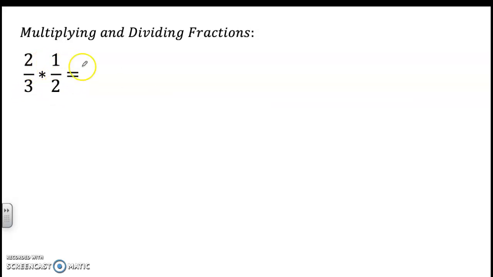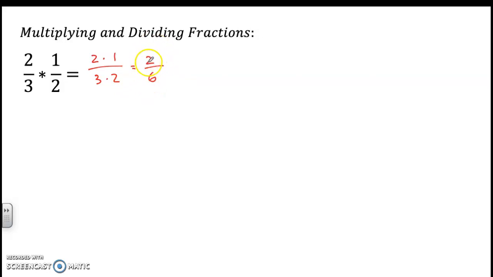Okay, so let's do that. So we're going to have 2 times 1 on the top over 3 times 2 on the bottom. That's it. 2 times 1 is 2. 3 times 2 is 6. And this is my answer. Now, whatever is done after this is just because we need to simplify, reduce. So I'm going to reduce this fraction.